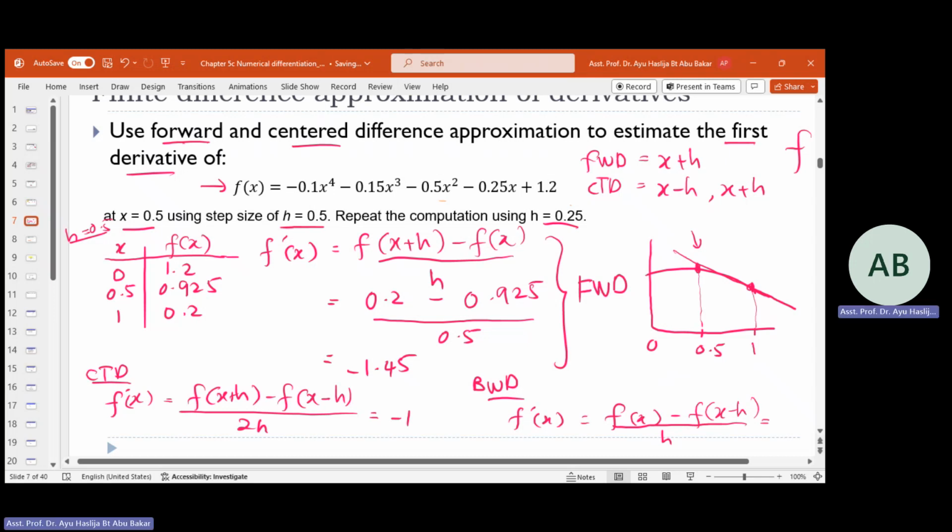Okay, what do you get for backward? Negative 0.5.